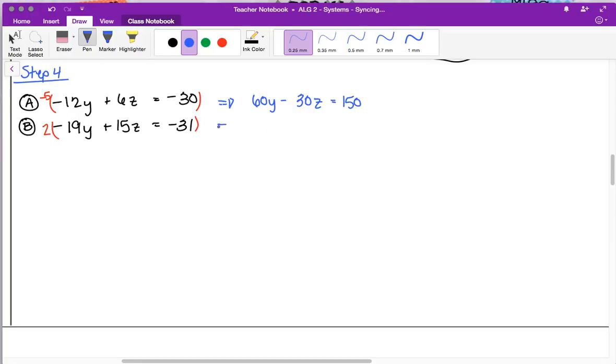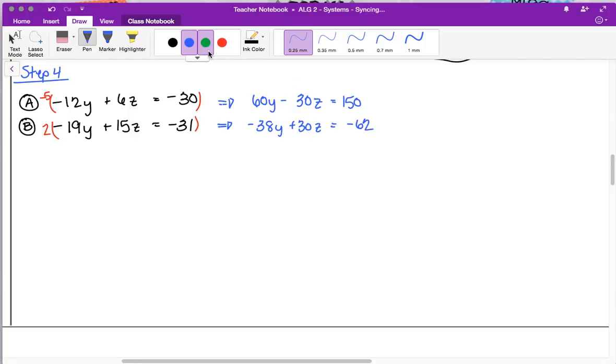And my new equation B, when I multiply everything by 2, will be negative 38y plus 30z is equal to negative 62.